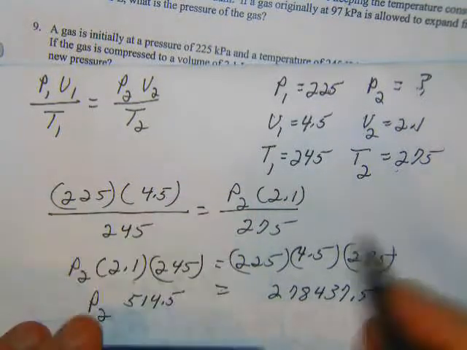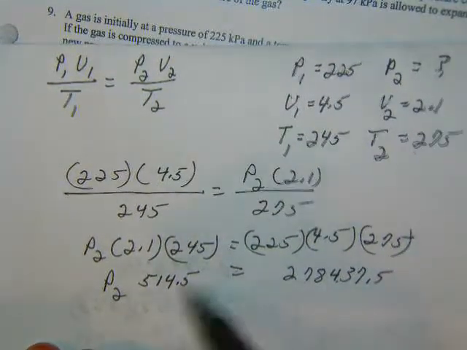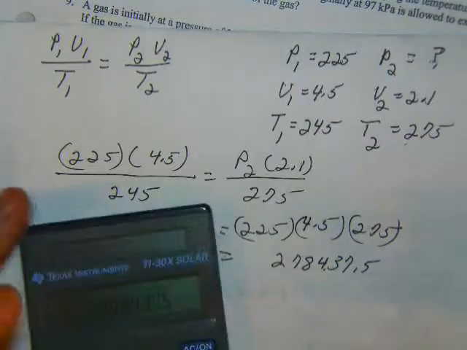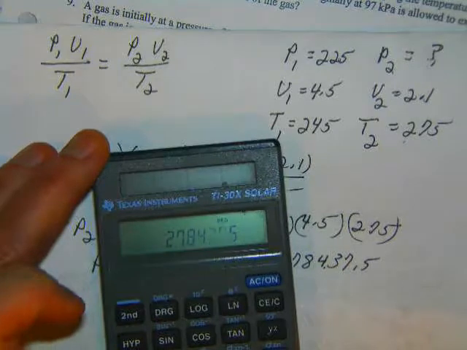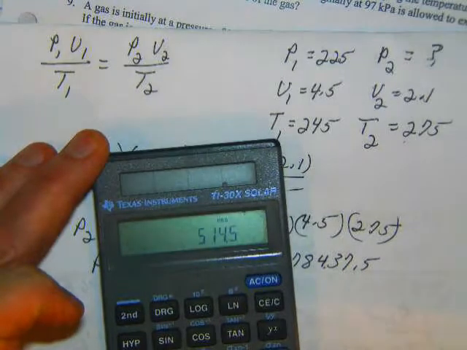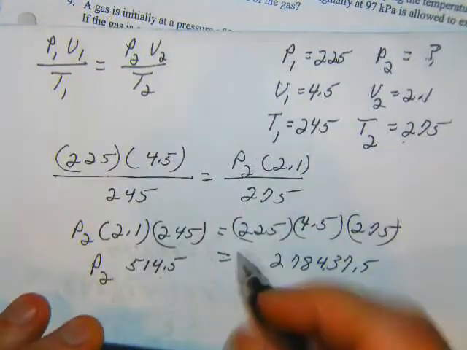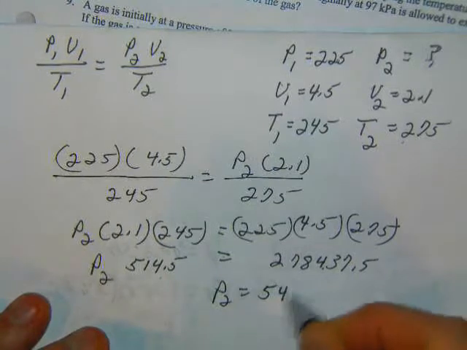At this point, take this value and divide by 514.5. 278,437.5 divided by 514.5 equals 541. So P2 equals 541.